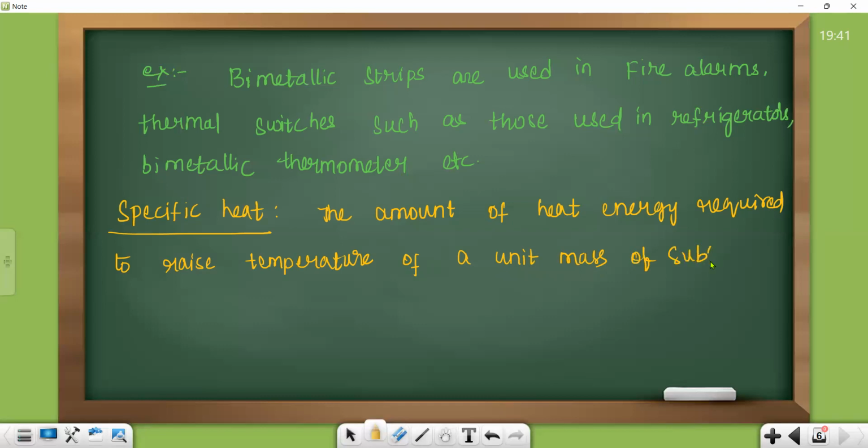Unit mass of substance, let's say 1 gram, through 1 degree Celsius.